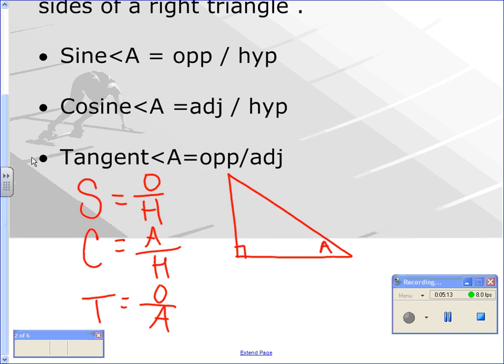Okay, that's my angle. Where is the hypotenuse? Right? Which leg is adjacent to my angle? Which one of these? What does adjacent mean?